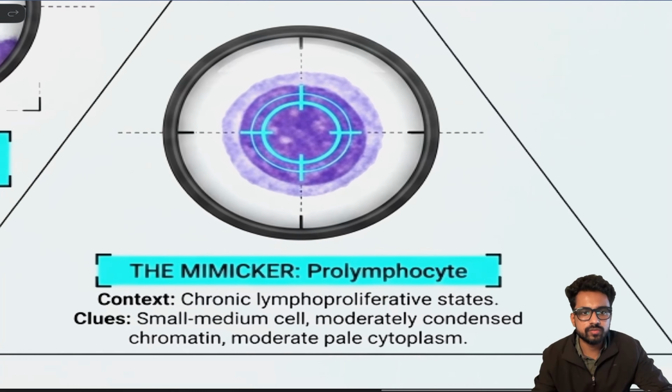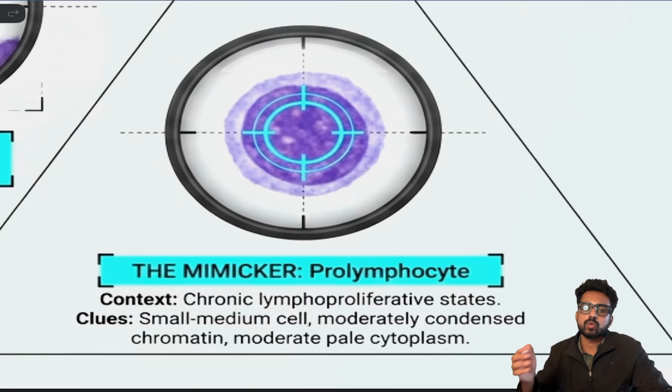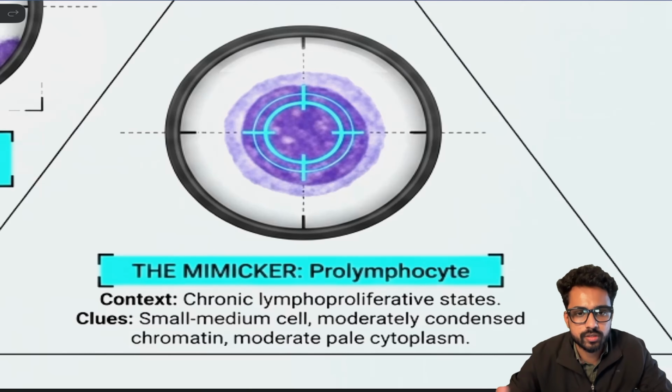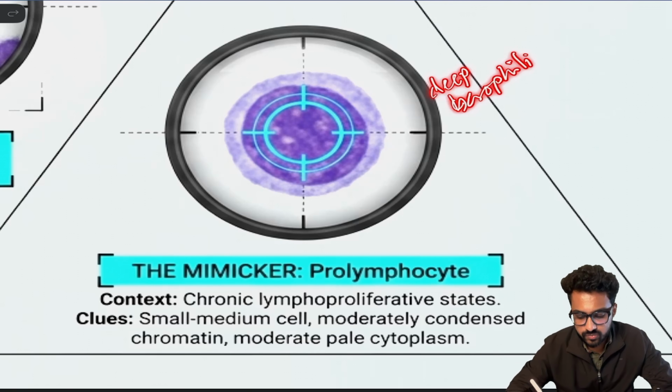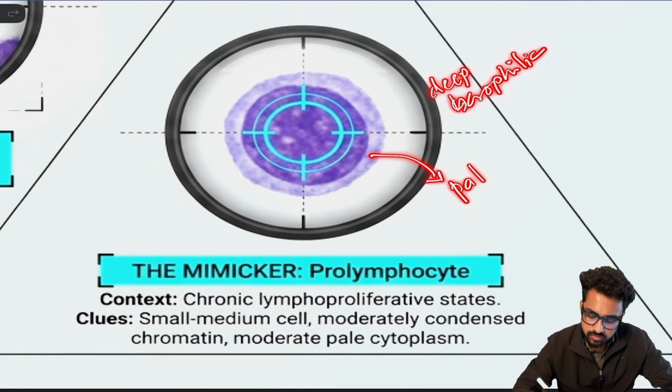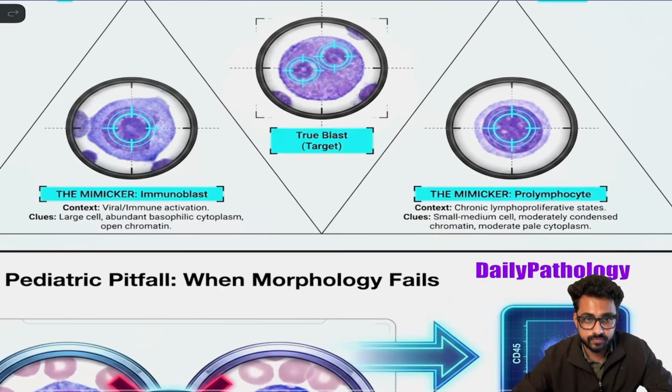In case of prolymphocyte, there will be a context of chronic lymphoproliferative state, and the clue is that it is a medium or small cell with moderately condensed chromatin and moderately pale cytoplasm. In lymphocyte, the cytoplasm is deeply basophilic, but here the cytoplasm is paler than the deeply basophilic.